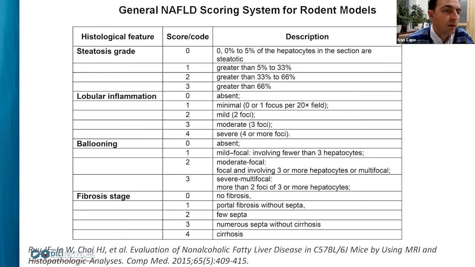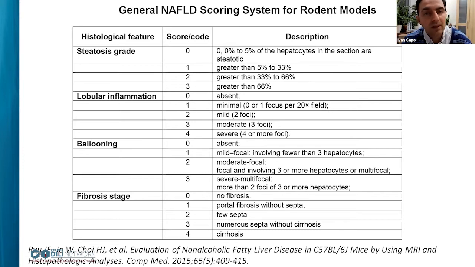Second is lobular inflammation, which is sometimes very moderate, but sometimes absent. It also depends on the time in the development of the experiment. If we have an acute experiment, we cannot expect the inflammatory response to be very large.